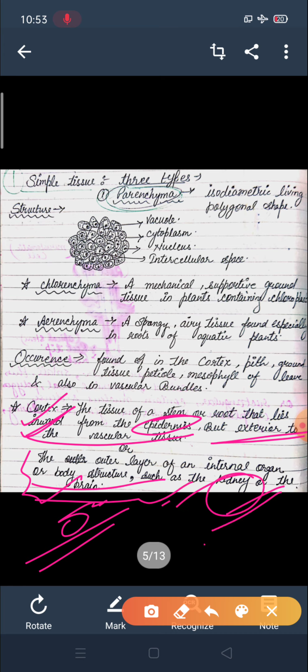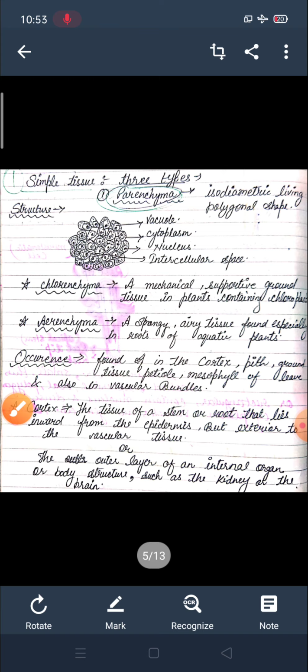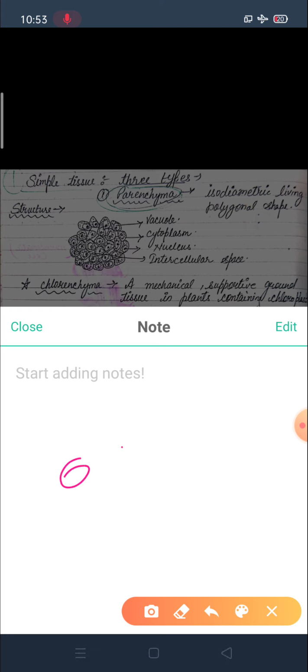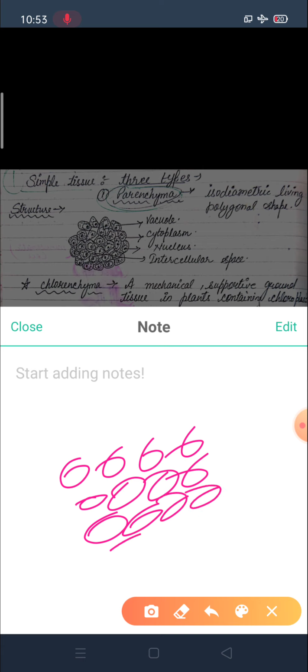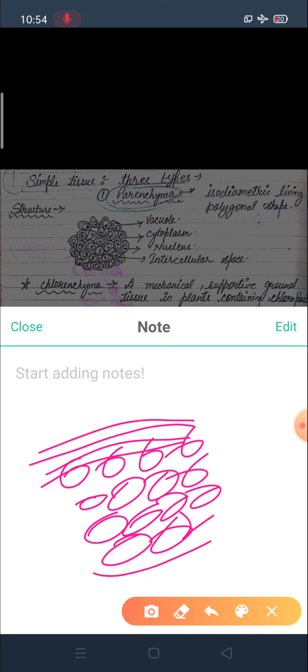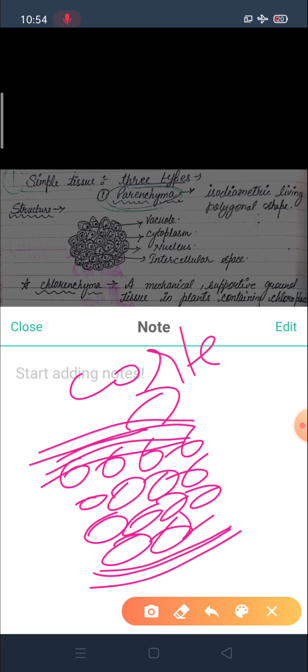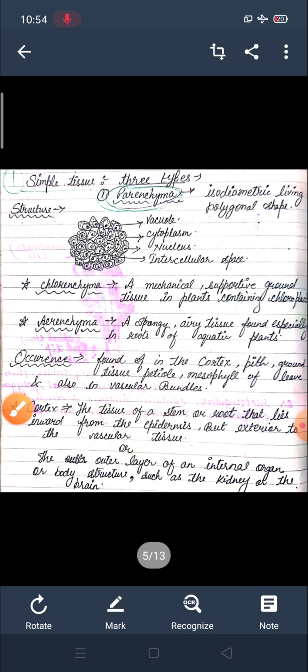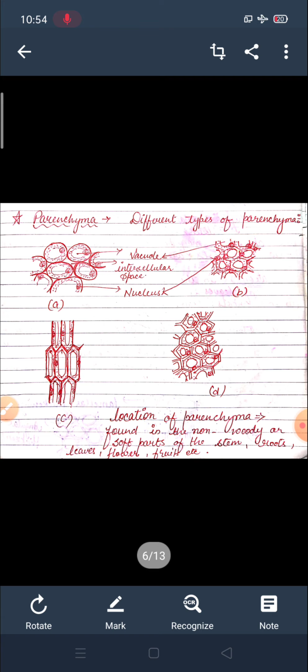We are talking here about the animal body, but in plants, if these are the cells, and while these cells are forming, there is an outer layer. This outer layer is called cortex. Right?